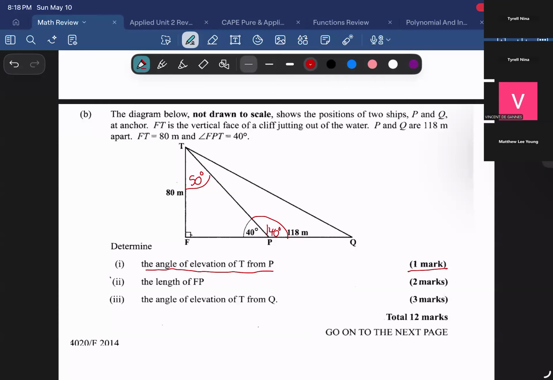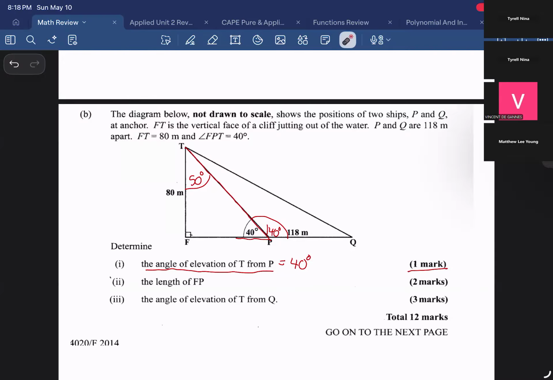It can't be that easy. Of P from T, I draw my eye level at P, and I draw my line to T. So my angle of elevation is 40 degrees. Very, very simple. Let me go through that again. I draw my eye level at P, and I'm looking up to T.